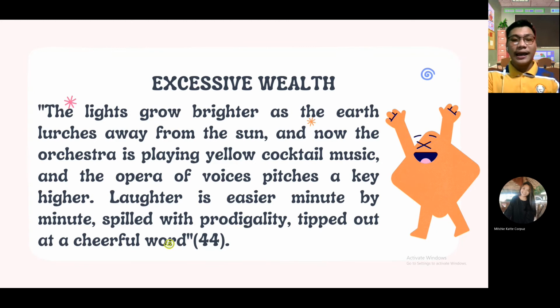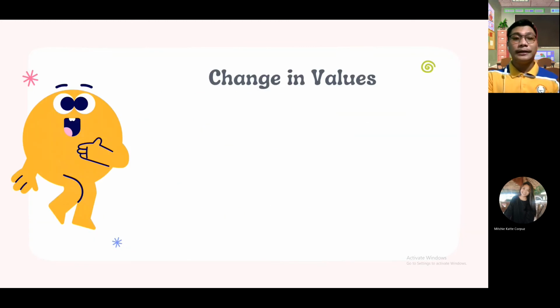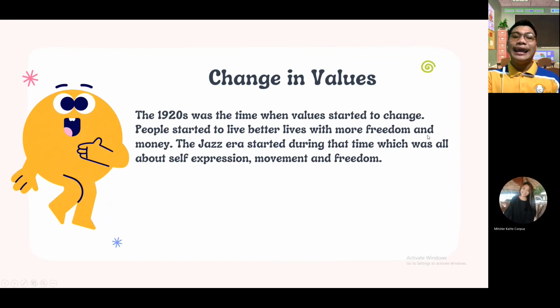So, next slide. The next problem that we have is change in values. The 1920s was the time when values started to change. People started to live better lives, with more freedom and money.